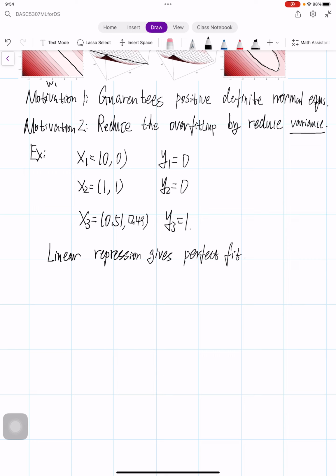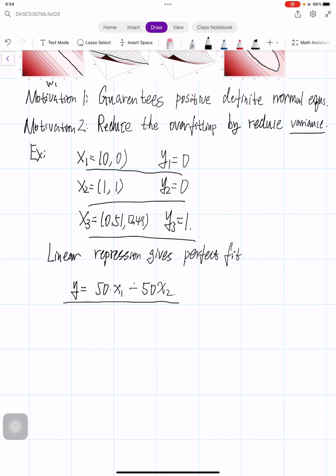For example, if we have the regression y equals 50 times x1 minus 50 times x2, this hyperplane goes through every observation point.